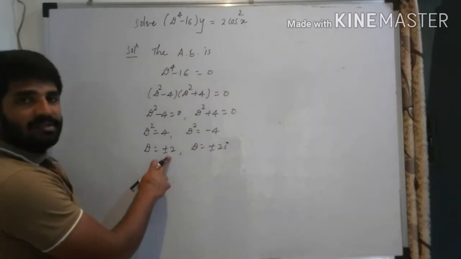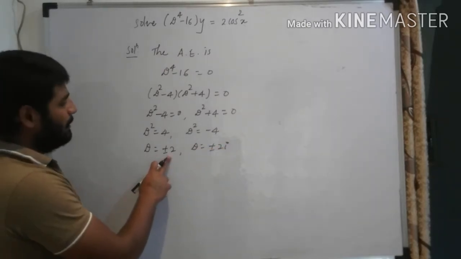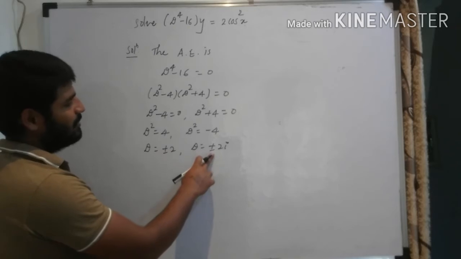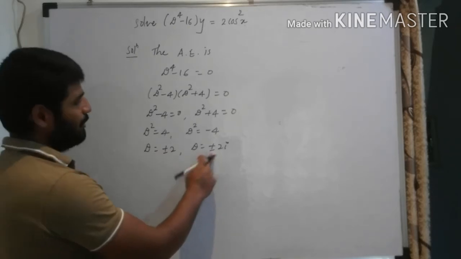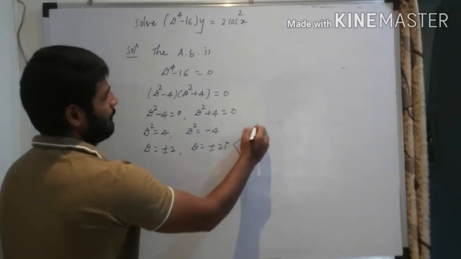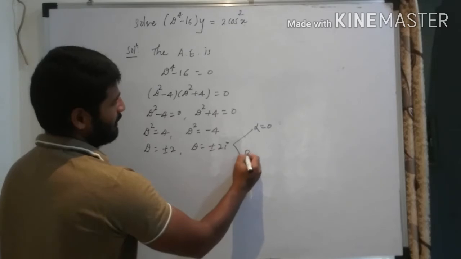So plus minus 2 is a real root and distinct, and this plus minus 2i is a complex root where alpha is equal to 0 and beta is equal to 2.